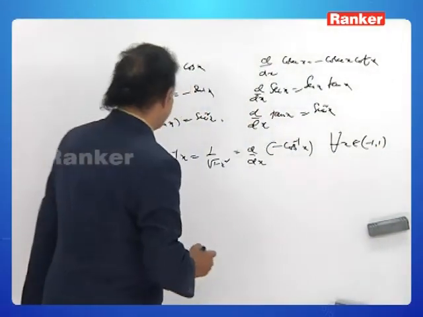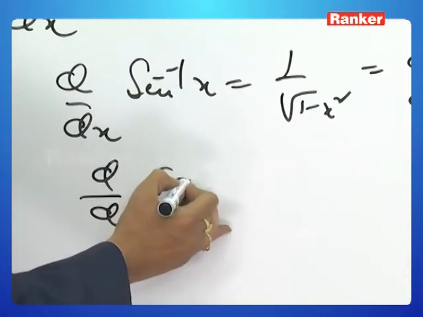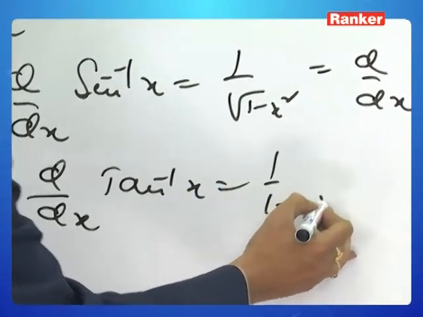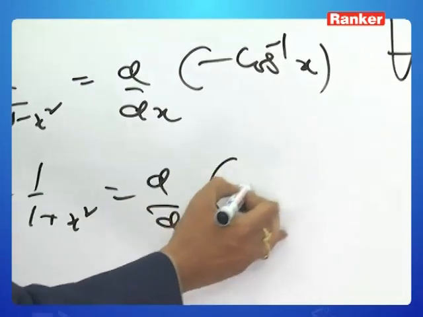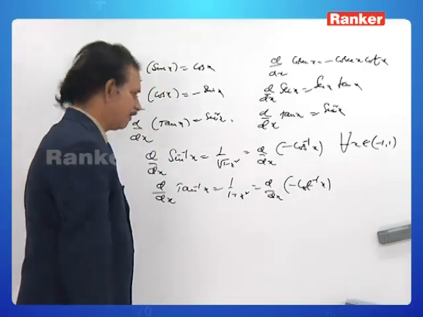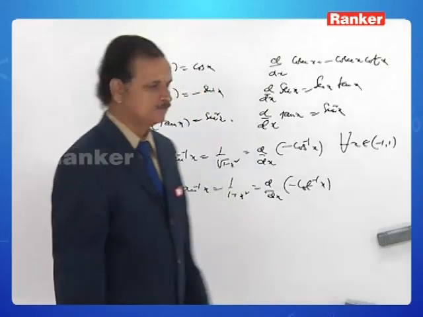Good. The derivative of tan inverse x is 1 by 1 plus x square. The same can be taken for minus cot inverse x. Of course, it is for all x belongs to R because its domain is the set of real numbers.